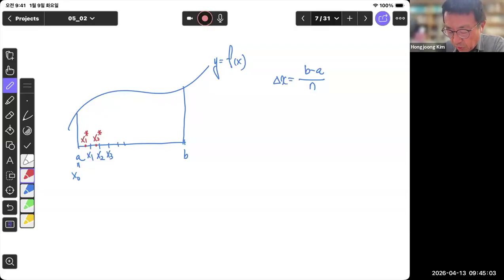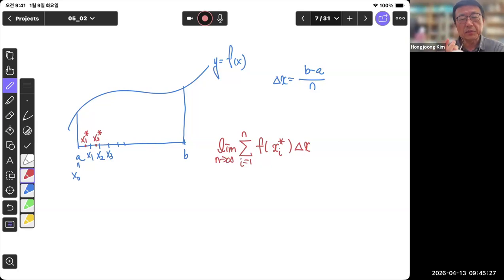So at each point xi star, I evaluate my function, and then I multiply by delta x. And then I take the summation of this, and then I will reduce the step size. In other words, I will increase the value of n so that your delta x becomes smaller and smaller.